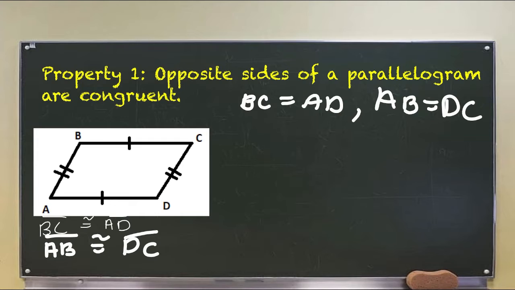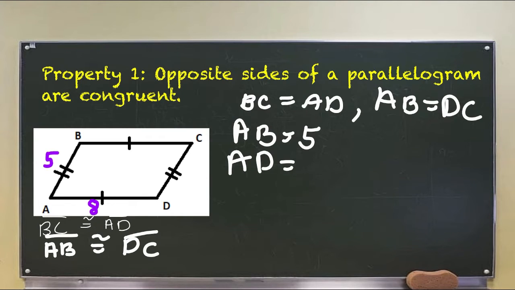Halimbawa, ang AB natin ay 5. At ang AD natin ay 8. Isulat natin yon. AB equals 5. And then AD equals 8. Ano ngayon ang sukat ng natitiran nating sides? Okay.